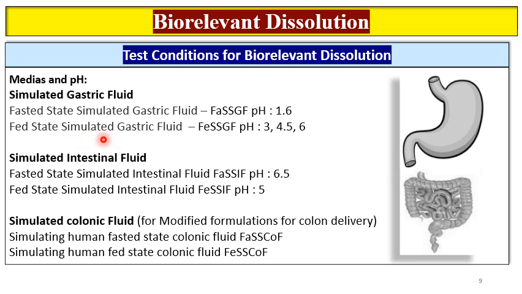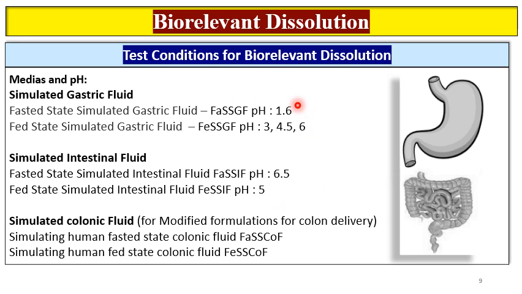Then fed state simulated gastric fluid is referred as FeSSGF. It is having pH of 3, 4.5 or 6 based on the GI motility and the position in the stomach. Then FaSSIF is having pH of 6.5, FeSSIF with pH of 5.